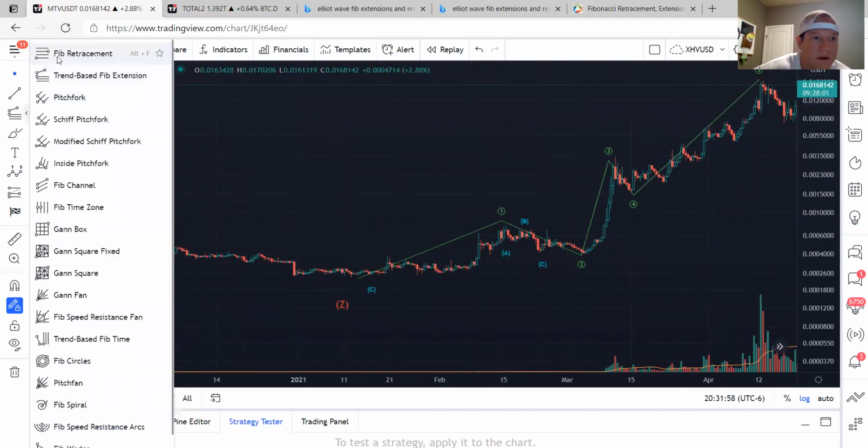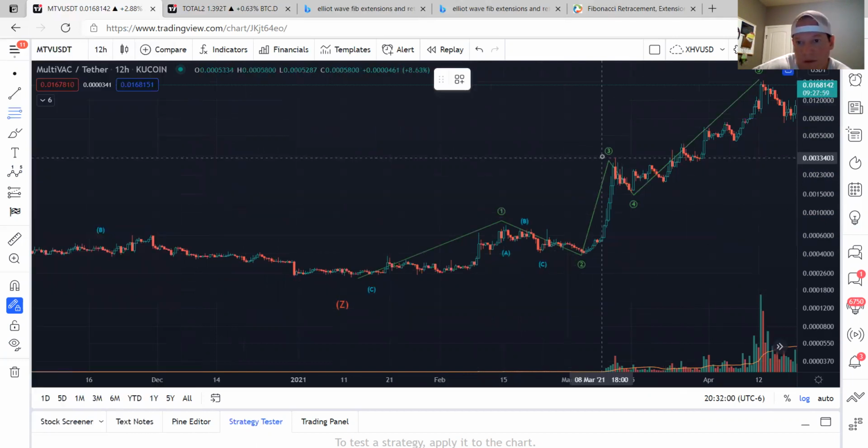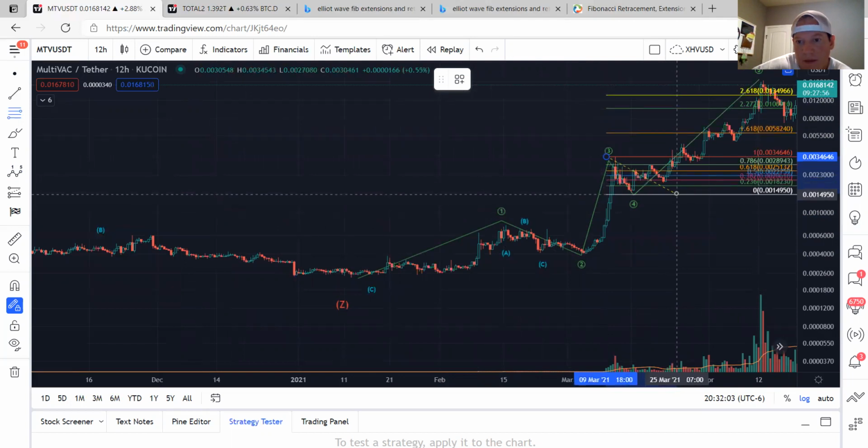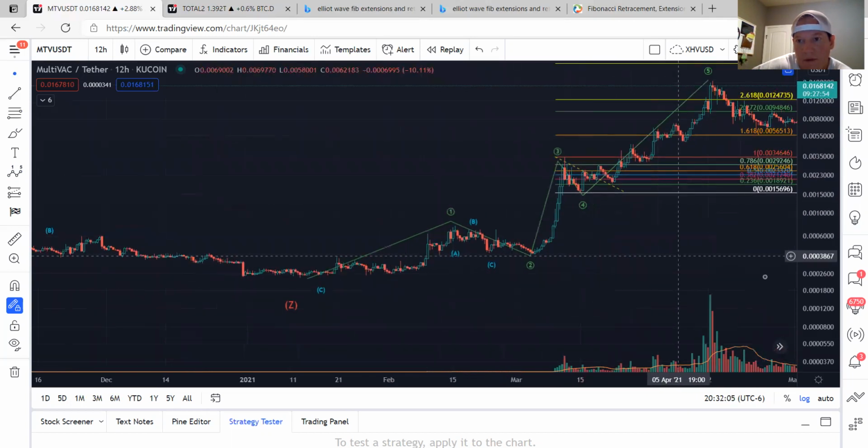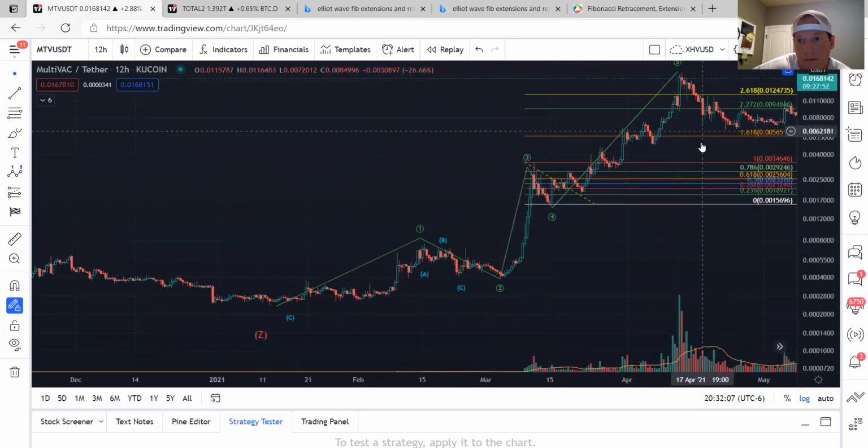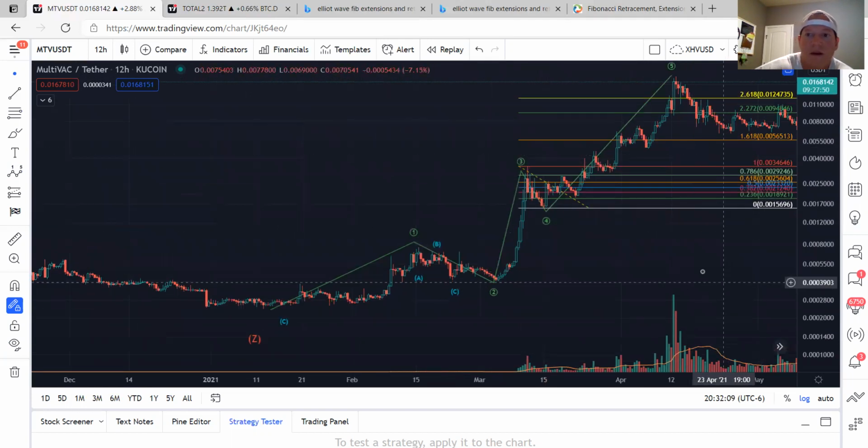So if you take your fib retracement tool, your 5 actually went past 2618.